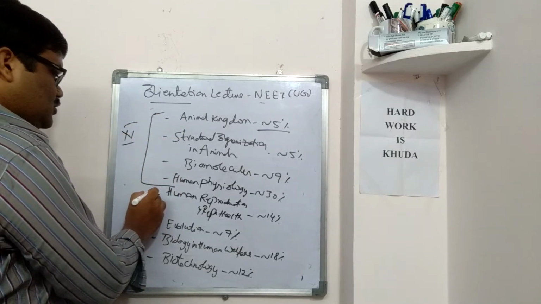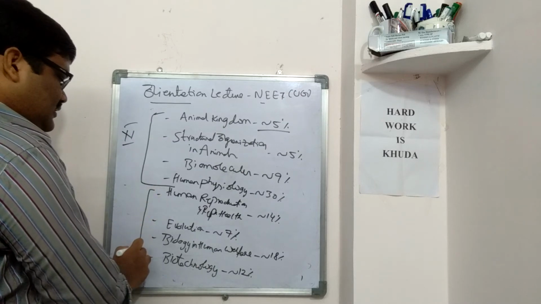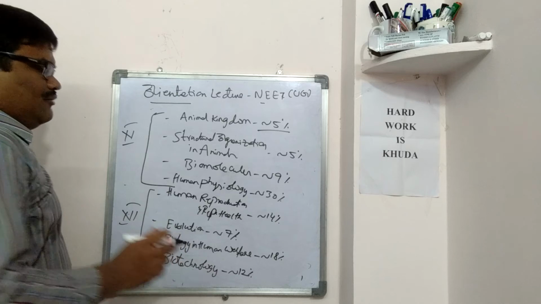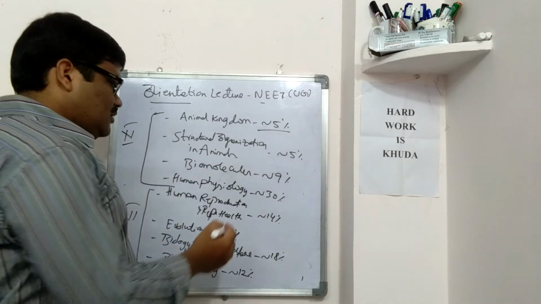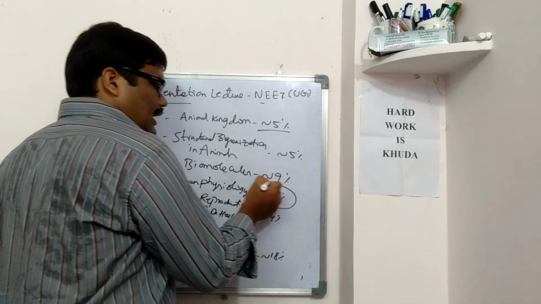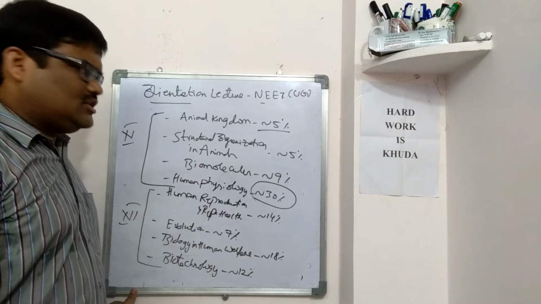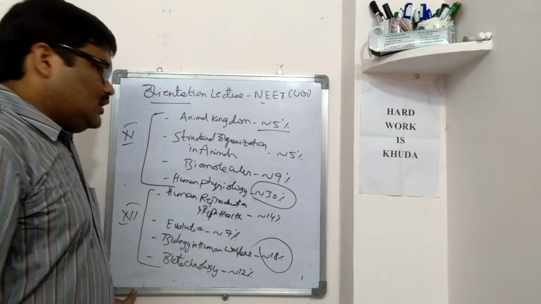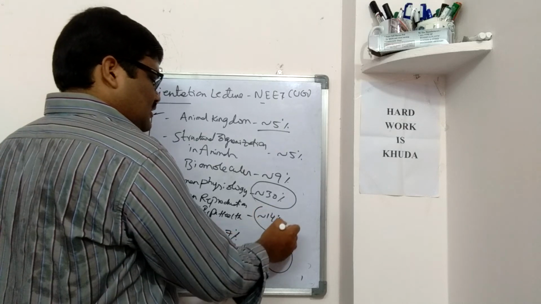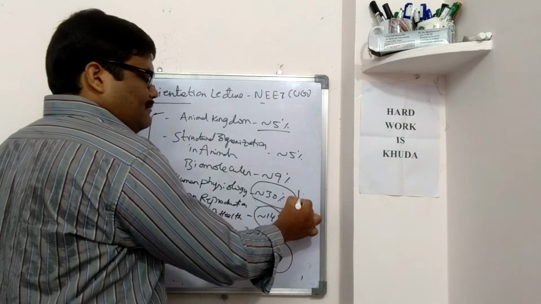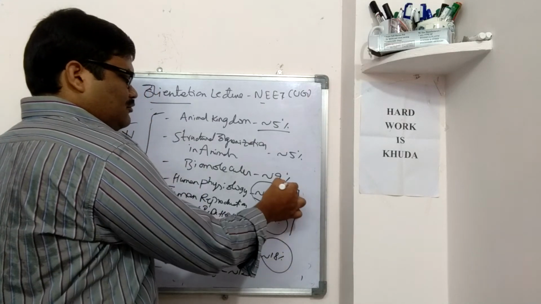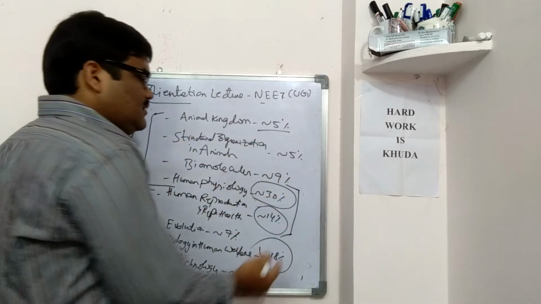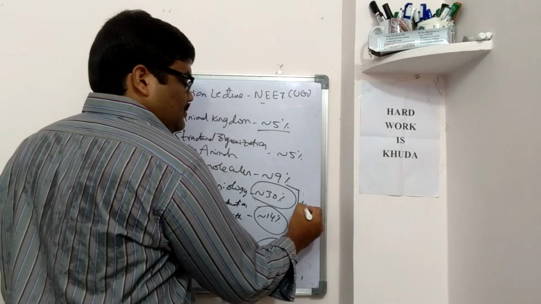Then human reproduction and reproductive health, evolution, biology in human welfare, and biotechnology come under class 12. From this, it is clear that human physiology has the higher weightage of nearly 30%. Then biology in human welfare, nearly 18%, and human reproduction and reproductive health, nearly 14%. The combination of human physiology and reproduction, considered as human physiology, is nearly 44%.